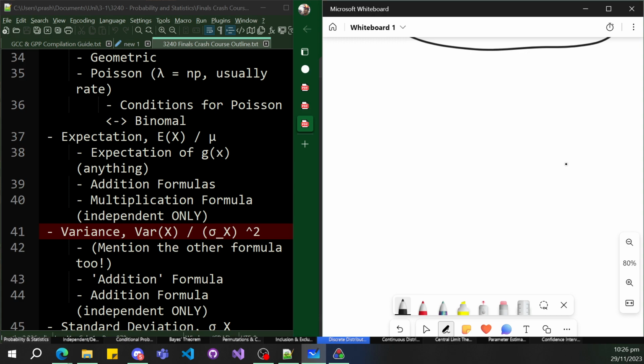Because when you roll 3 dice, chances are you're probably going to get 0 a lot of the time. So expectation of a variable, which is the same as the mean, is just the average of what that variable is. On average, if I roll 3 dice, I will get 0 sixes.